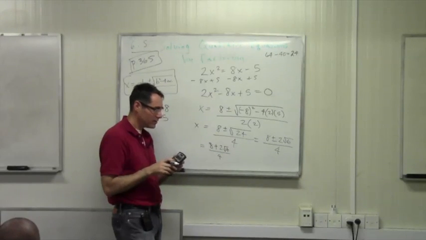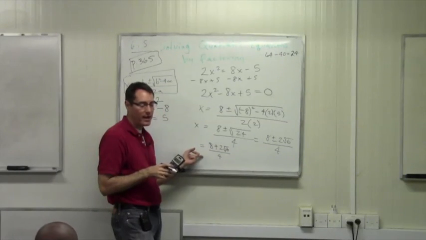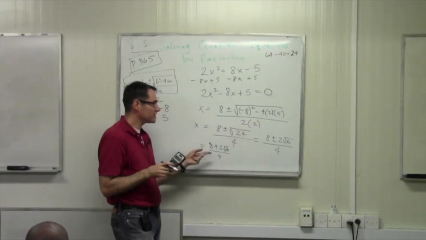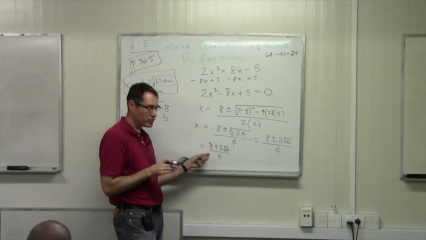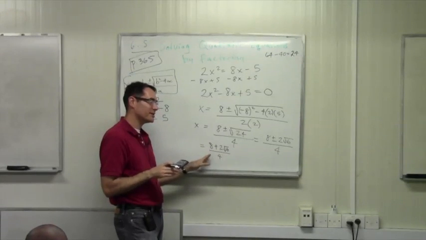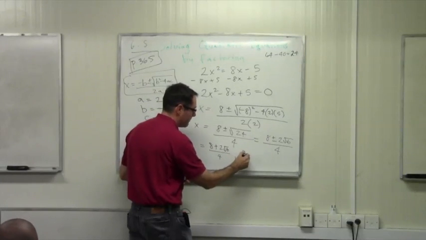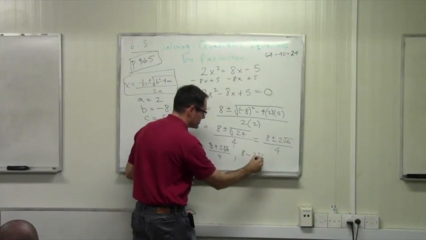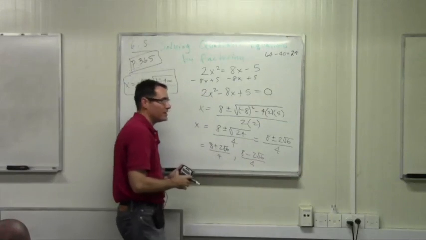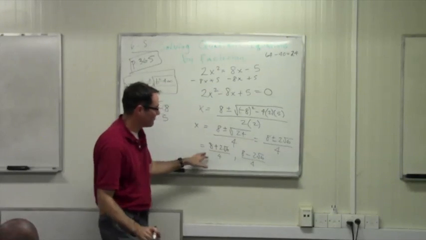3.22 or whatever. By the way, I guess you could just leave it in this form if you want. And then you'd have 8 minus 2 square root of 6 over 4. For homework, you may have to simplify this.